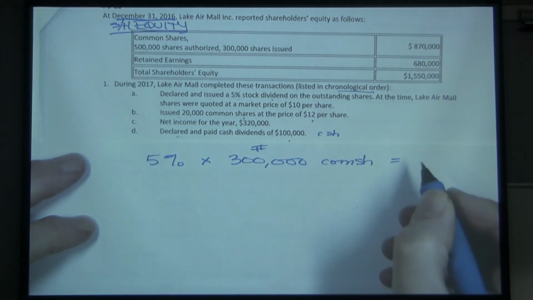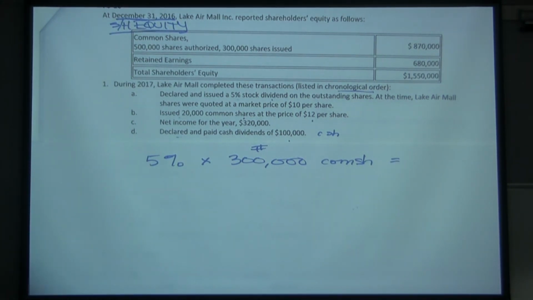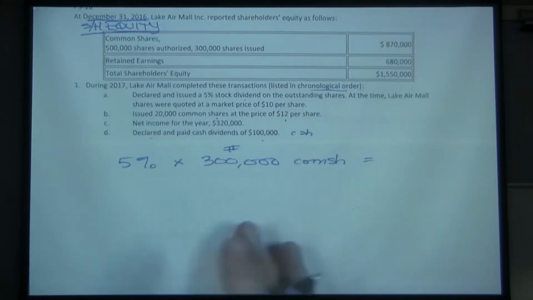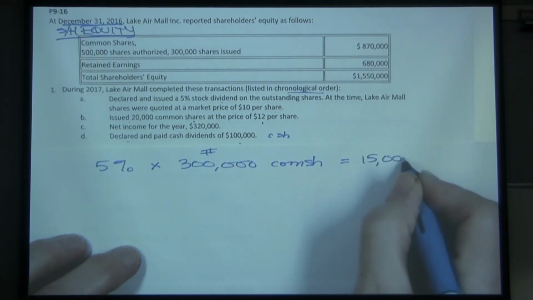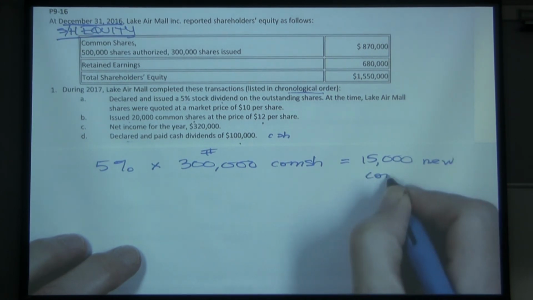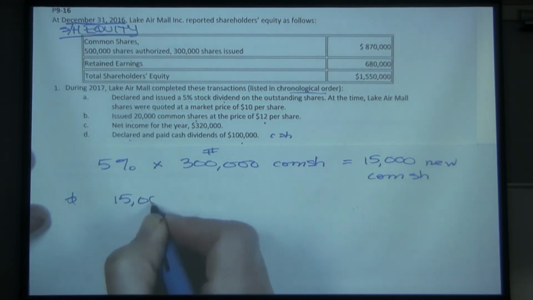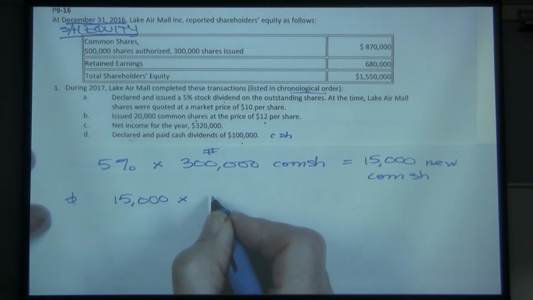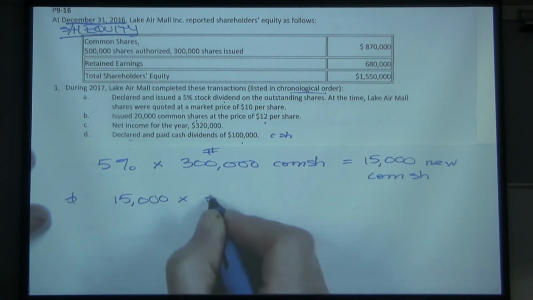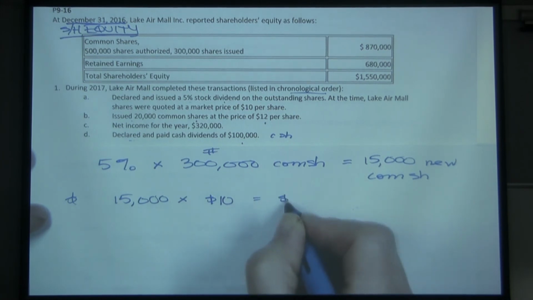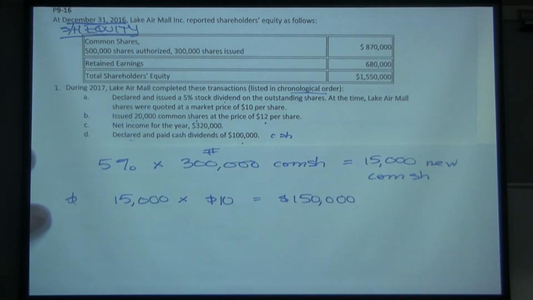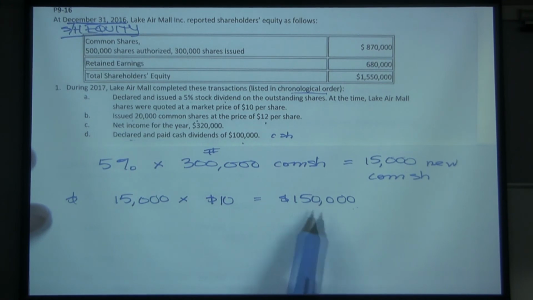So 5% of 300,000 will be 15,000. I'm just going to double check to make sure that's correct. So that will be 15,000 new common shares. And to get the dollar amount, we take the 15,000 shares times the market price on the date of declaration, which is $10. So that equals $150,000.